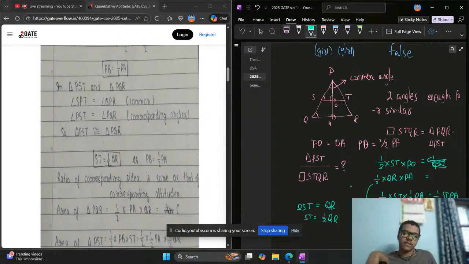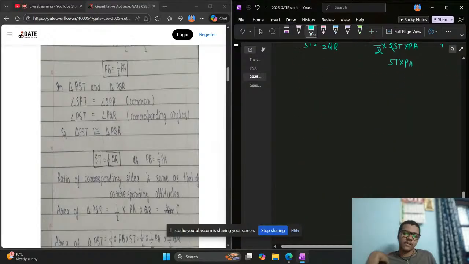So the bigger triangle is 4 times the smaller. Smallest to big is 1 is to 4. So for the trapezium, this is 4, this is 1, so this will be 3. Right? So 1 is to 3 is the answer. We got it.